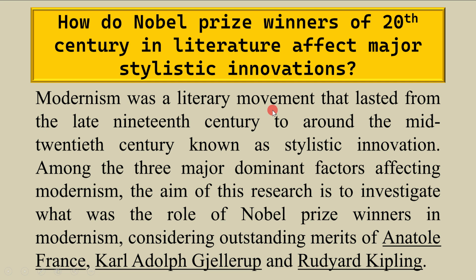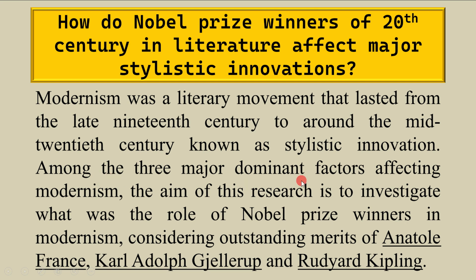Modernism was a literary movement that lasted from the late 19th century to around the mid 20th century, known as stylistic innovation. In the first 3 lines, I have restated stylistic innovations.